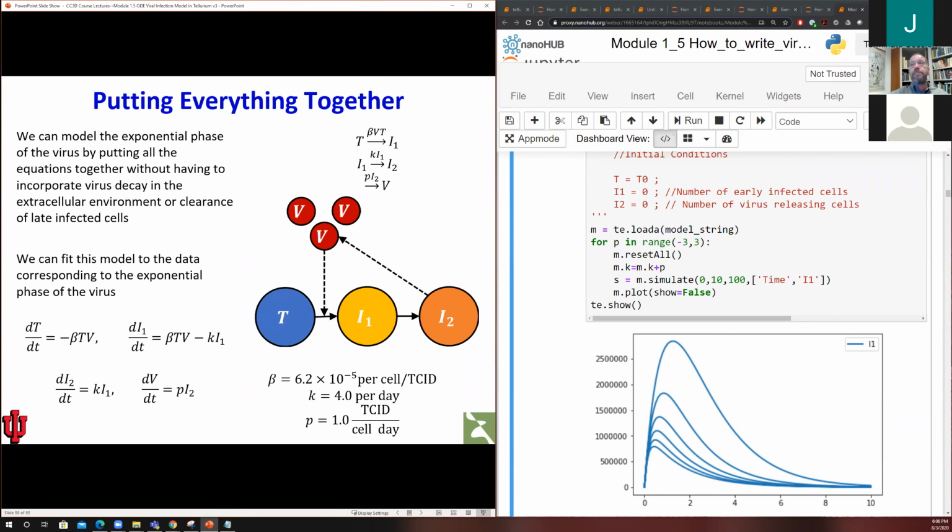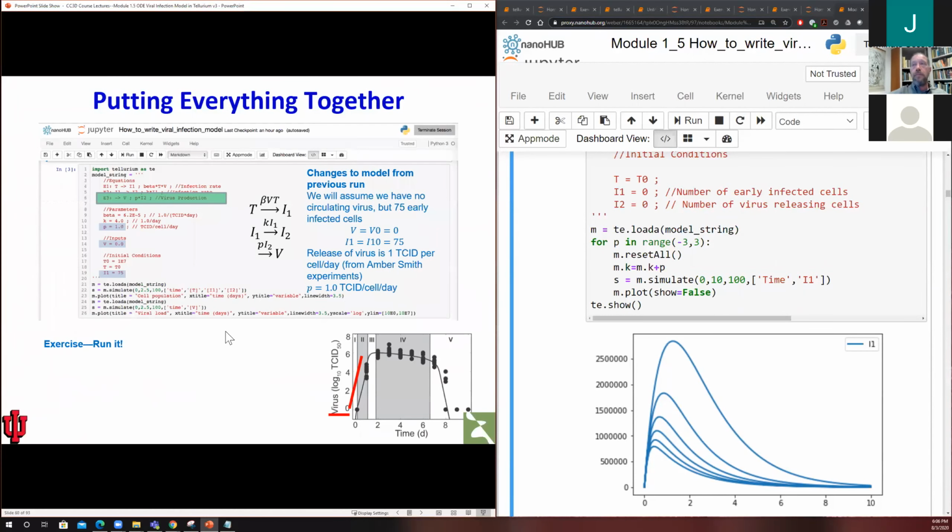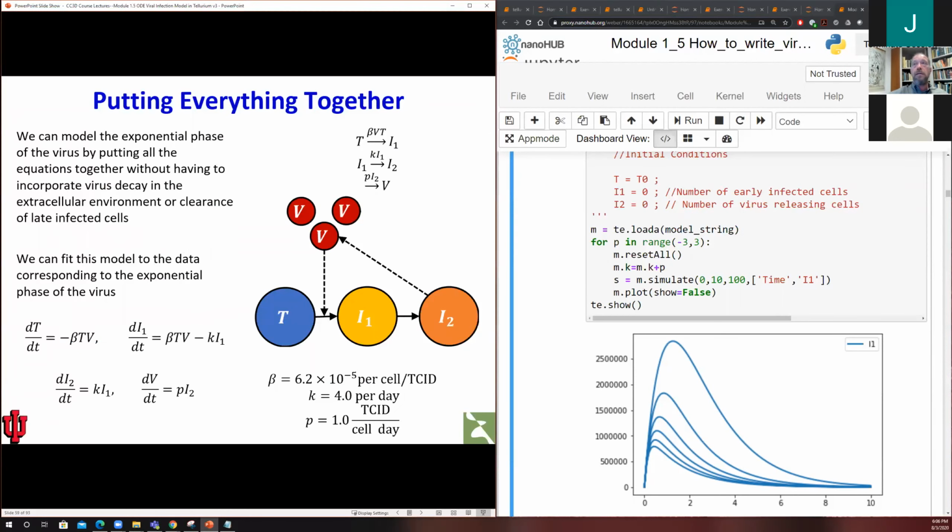Everybody got that? And then we can put it all together, and we're going to add a viral rate law. And we're going to, in this case, just use a default value of P, which is that the rate of production of virus is 1 unit per cell per day. And I'd like everybody now to write that as an exercise.